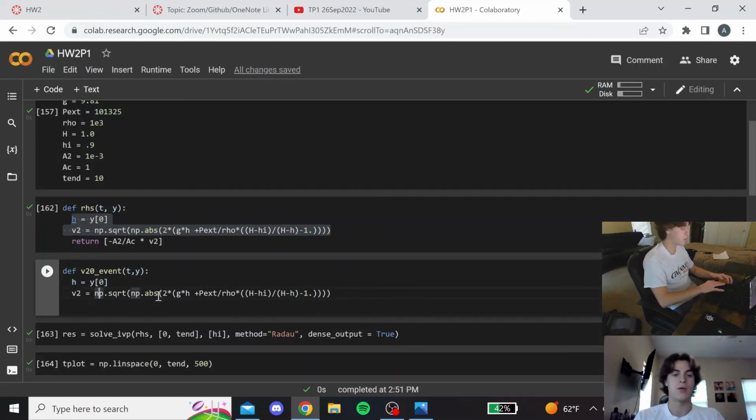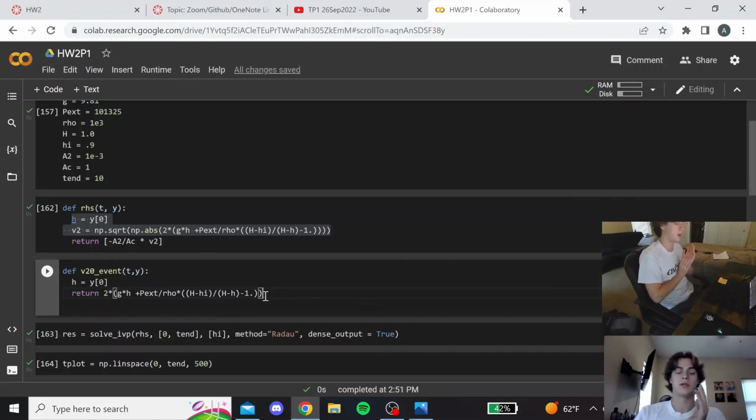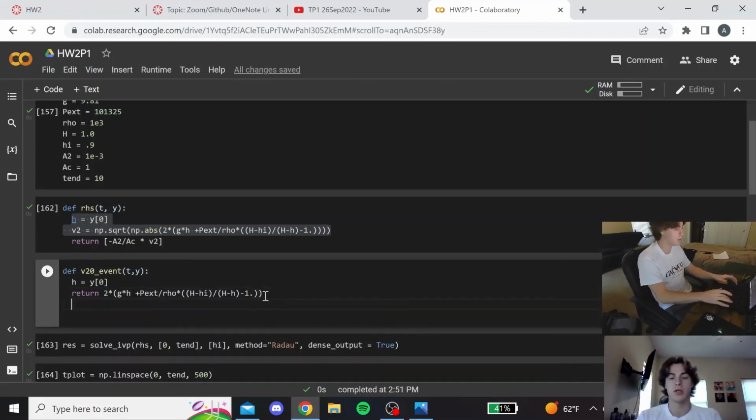And now we're interested in when this goes to 0. So I'm just going to delete this, and we just need to return this. And so that'll give us our event, the time when the velocity goes to 0, and we'll know to stop our simulation there.